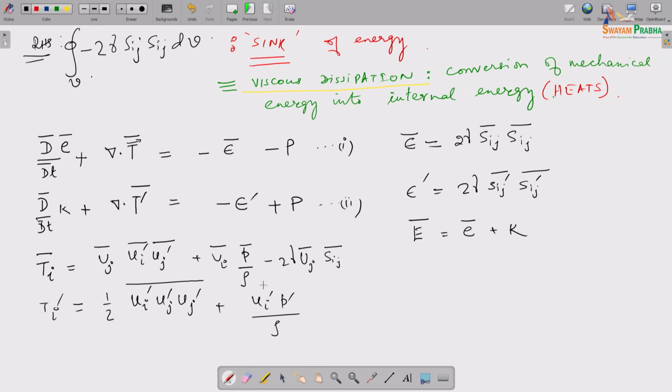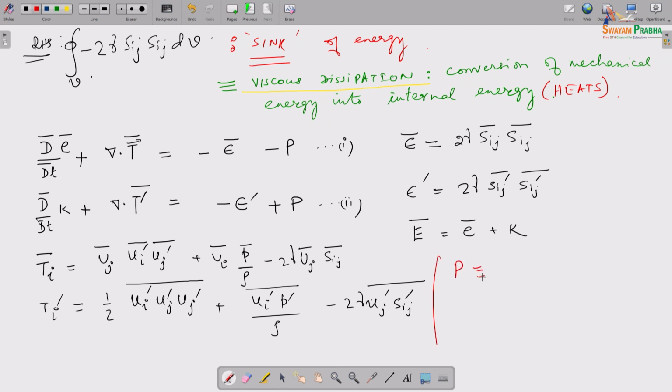We are basically taking the mean. Then what happens? I've just introduced this term, minus P and plus P. That's all. Now if you see here, this P, right?